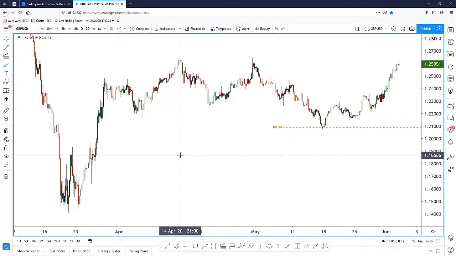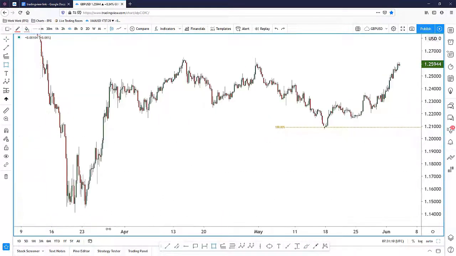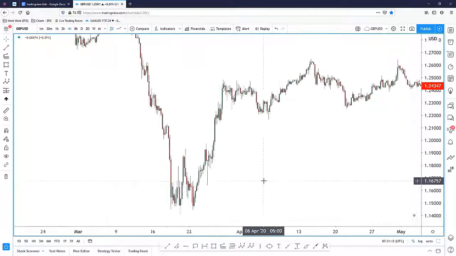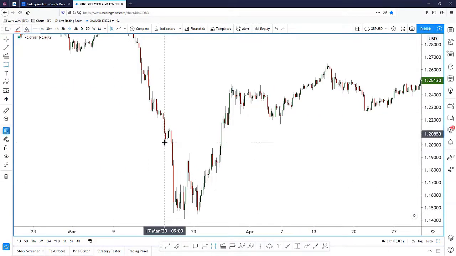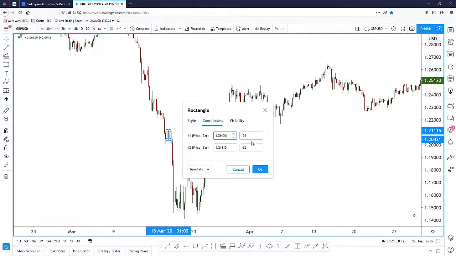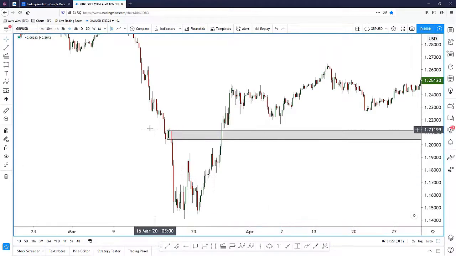So let me draw a box around the green candles. Then let me extend this level. You see it's around the green candles.